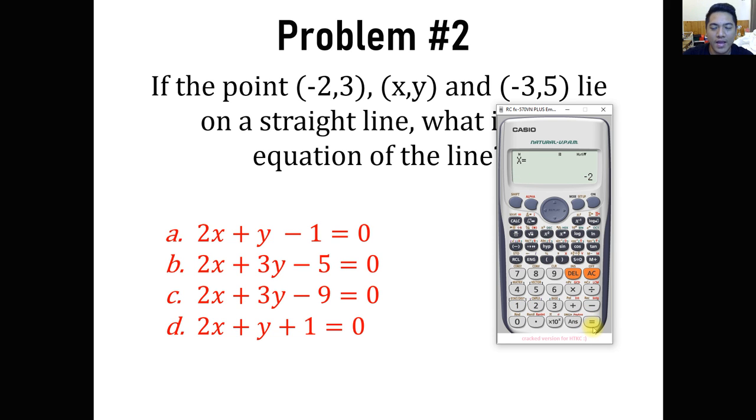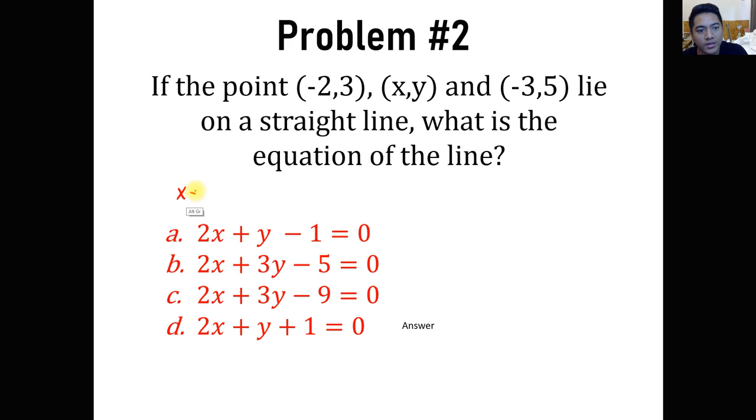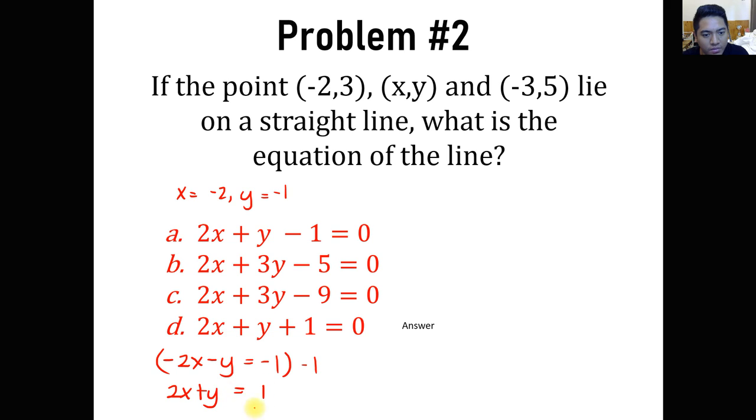So solving, we have x equals -2 and y equals -1. So if we do that, we have -2x minus y equals 1. So since we have a constant of 1, if we just multiply this equation by -1, we'll be having 2x plus y equals 1.